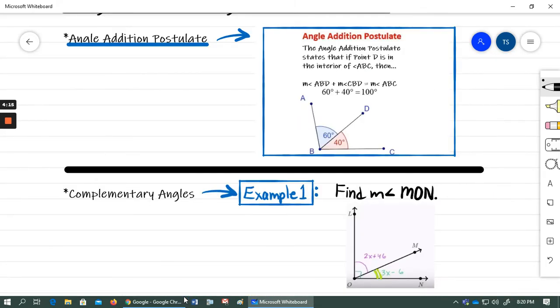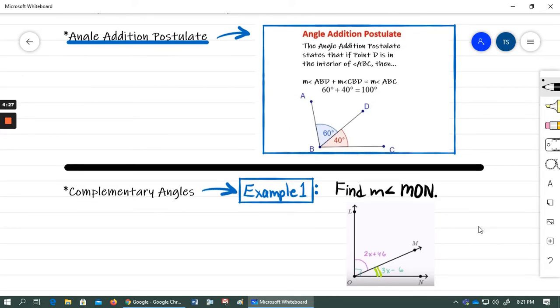All right, so let's look at example 1, where we're dealing with this diagram, and in this diagram we've got complementary angles. As you can see, they've got these 2 angles here, and you should notice that little symbol in the corner that we talked about when we introduced right angles and the Pythagorean theorem.